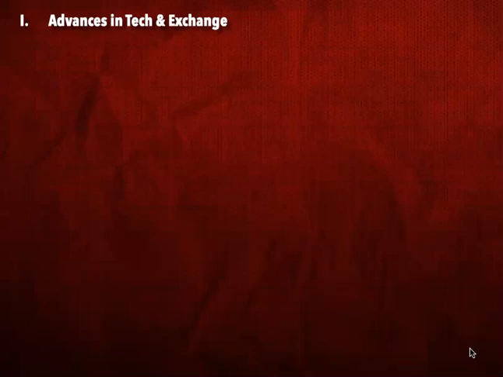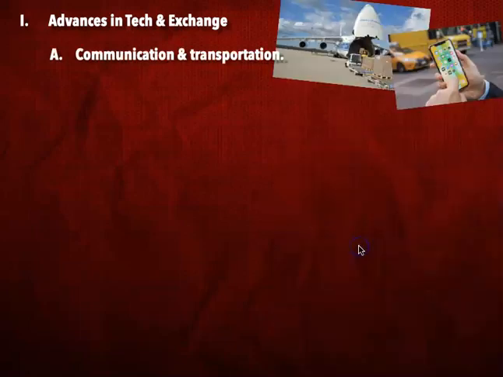So I'm going to start you off with advances in technology and exchange. Okay, and so communications and transportation, we're pretty much talking about what I've got examples of going on here. When we talk about shipping, instead of old ships, now we've got these cargo-bearing aircraft like you see there.